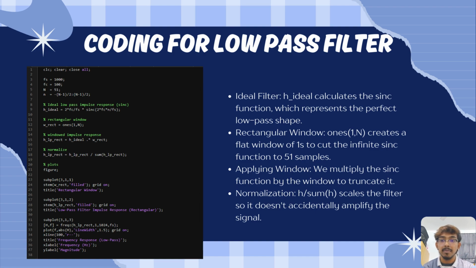After that, we multiply the sinc function by the window to truncate it, and normalize the result so the filter doesn't change the volume of the signal. For the normalization, the scale that we used is h over sum of h, so the filter doesn't accidentally amplify the signal.